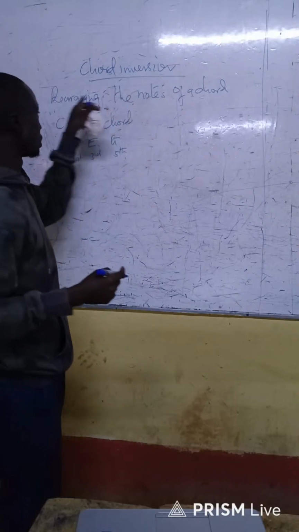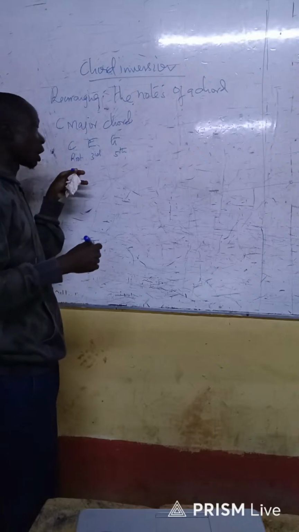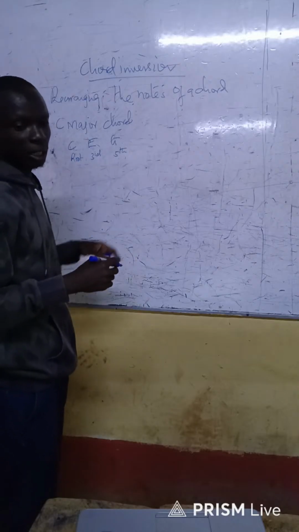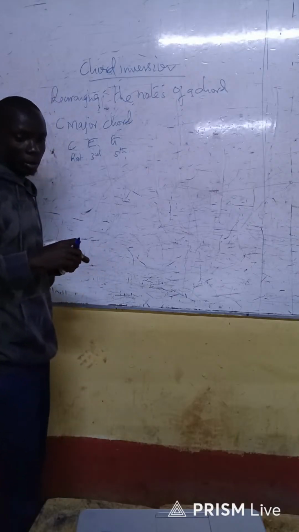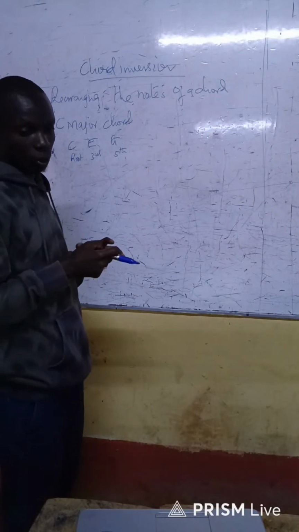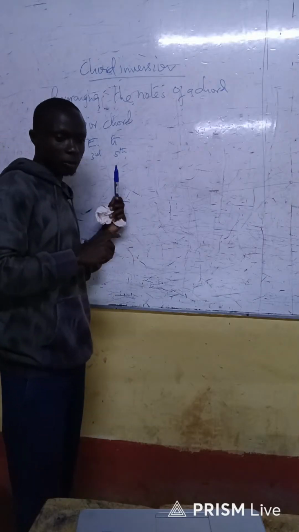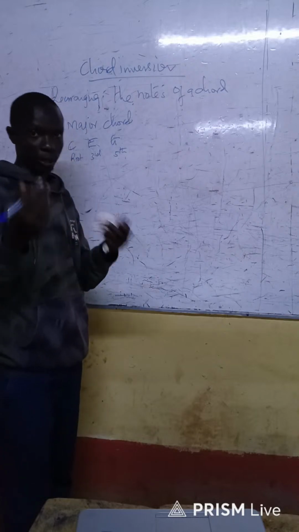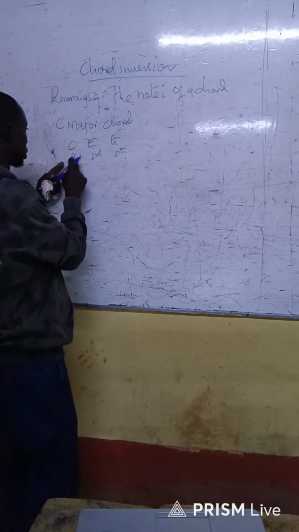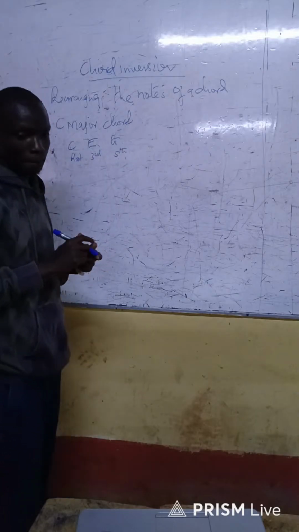The chord is arranged starting with the root, the third, and the fifth. Chord inversion is rearranging the chord. Here we are not changing the chord, we are only changing the order of the notes.